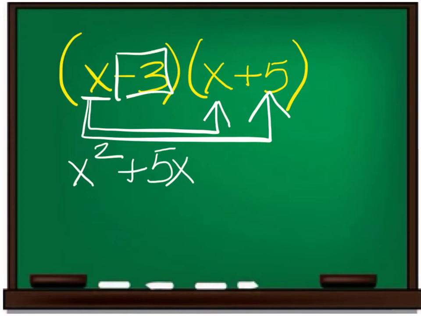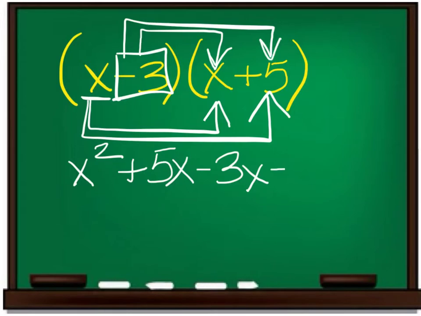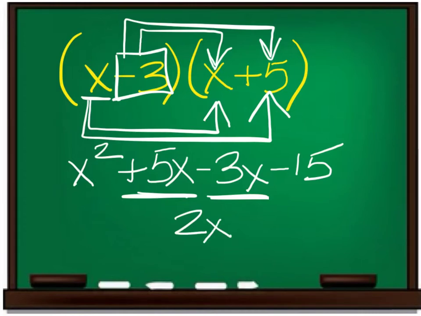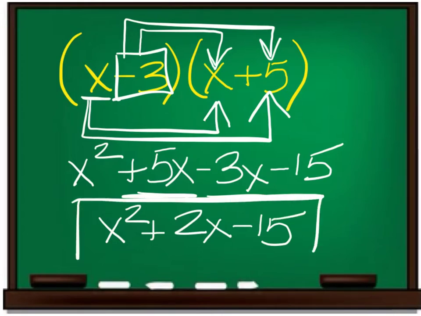Now go to the minus 3. Negative 3 times x is minus 3x. Negative 3 times 5 is negative 15. Simplify like terms. 5x minus 3x is 2x. Everything else stays the same. X squared plus 2x minus 15.